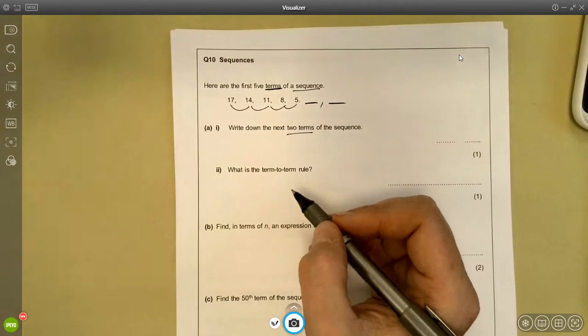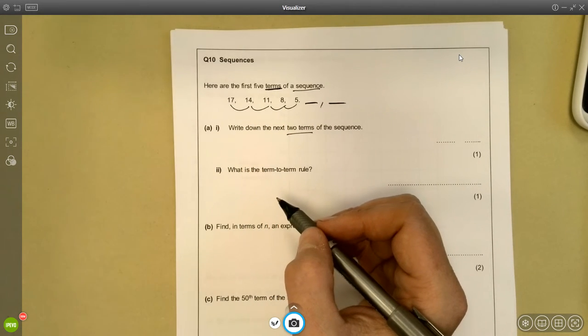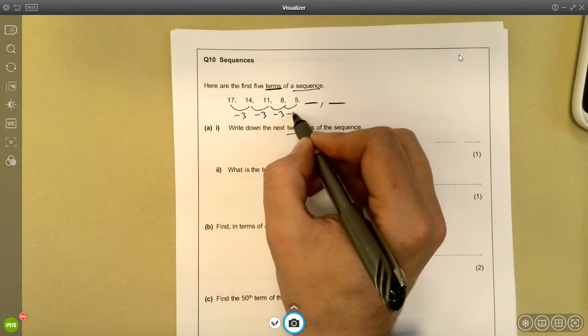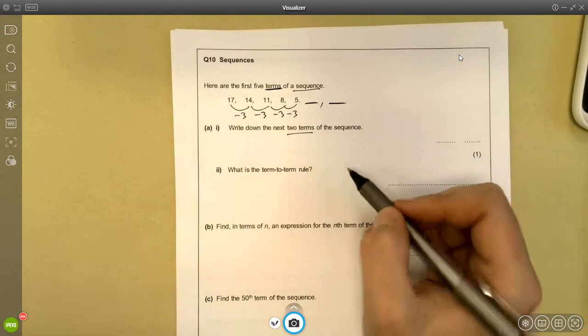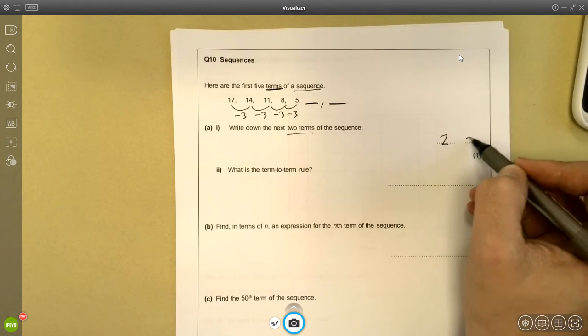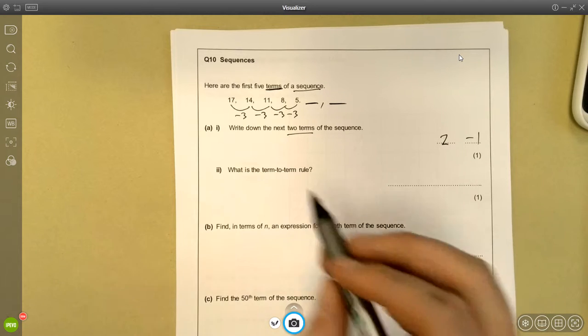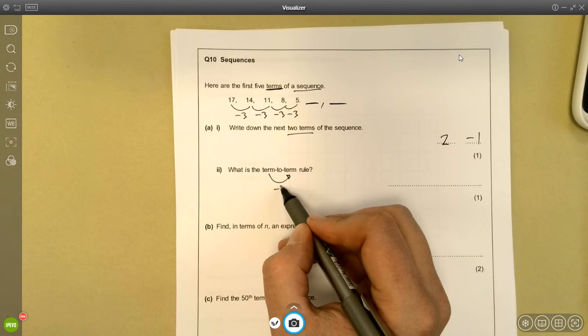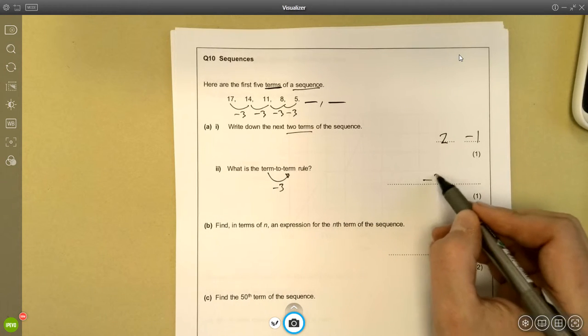There's normally a pattern here, since it's a sequence. It's basically going down by 3 every time. So let's go down a further 3. Well, we're going to go down to 2, and then we're going to go down to -1. What's the term-to-term rule? So what gets you in between the terms? Well, it's take away 3 every time.